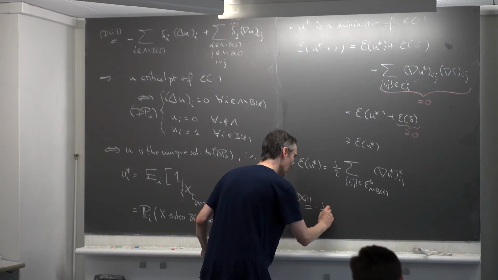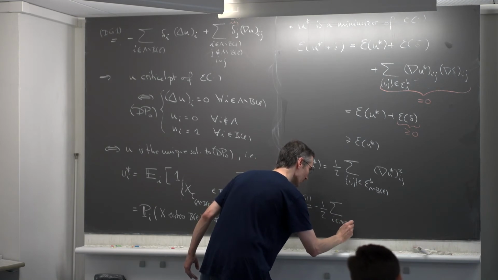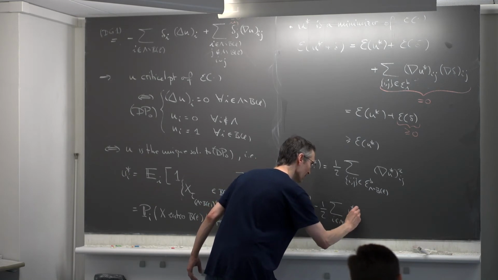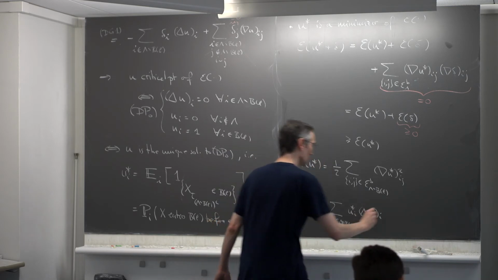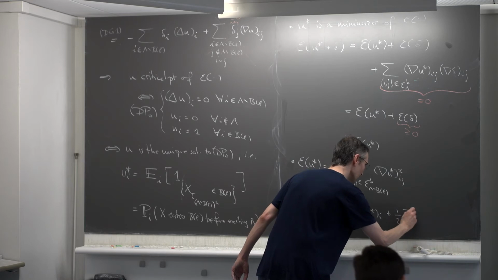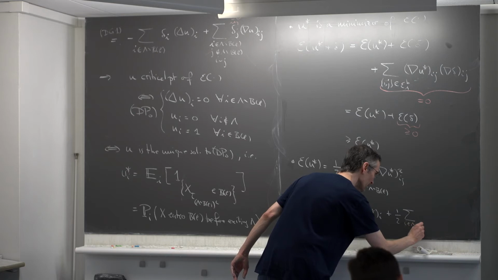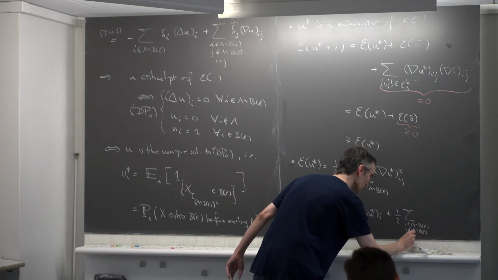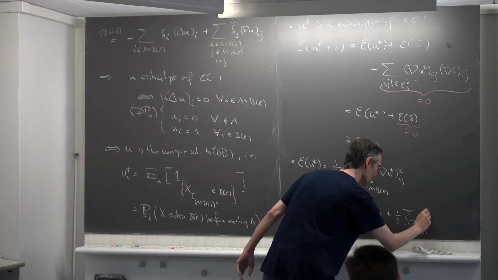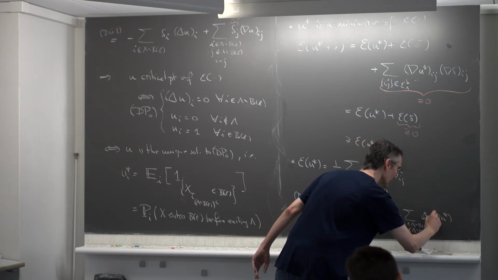You get minus 1/2 sum over all i in lambda minus BL of u star i Laplacian u star i, and then plus the boundary term, which will be 1/2 sum over all i in lambda minus BL, j not in lambda minus BL, i and j neighbors, of u star j times gradient u star ij.